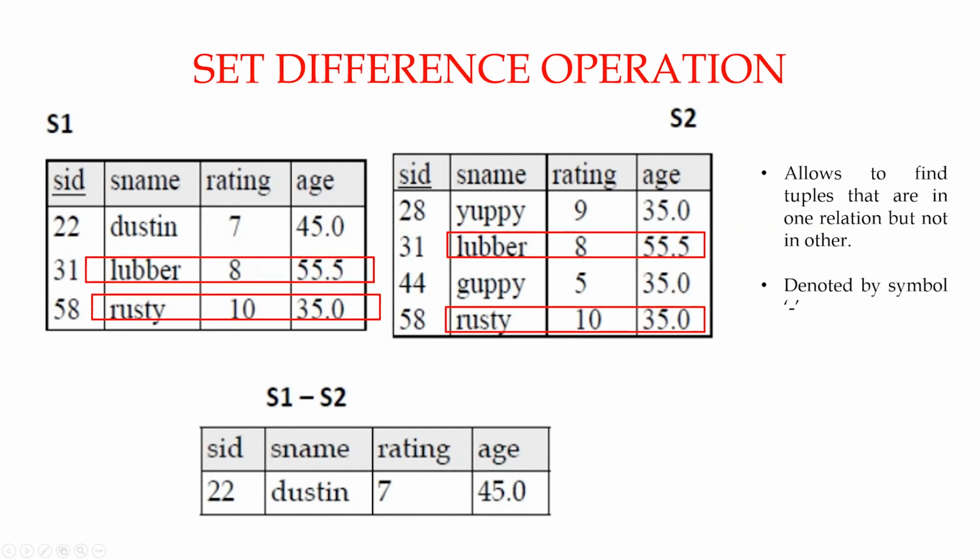Yes, this data is matched with the second data of student 2. So there is duplication. The data in one table should not be present in the other table. If it is present, we will just eliminate the data and we will not display it in the resultant table. So, as a result, the resultant table contains only one entry in this case. So, this is about the set difference operation.